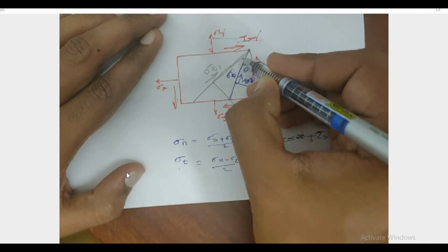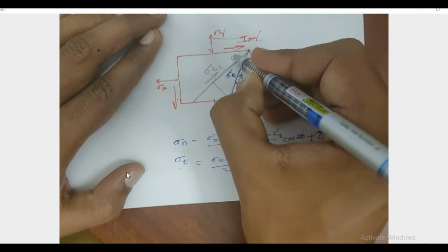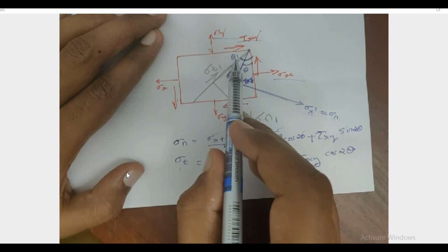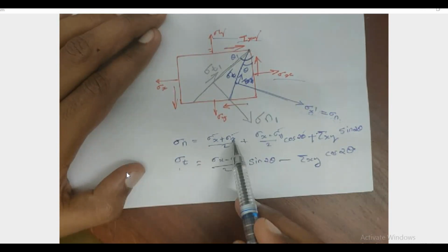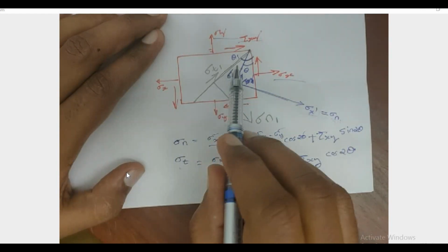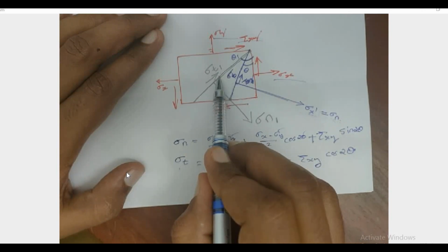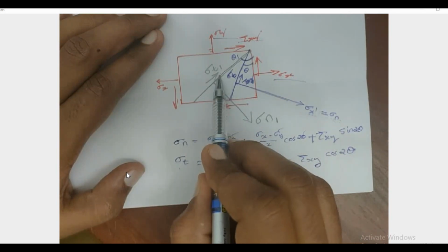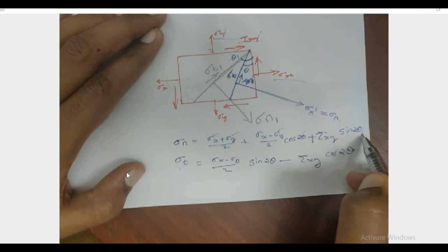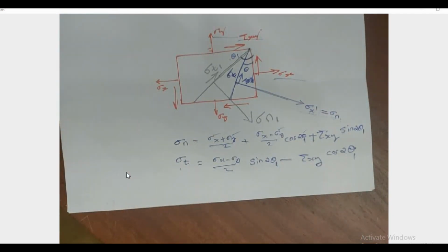Here, this is the angle, but here, this is the angle theta 1. So by changing this theta value, all other terms are the same: sigma x, sigma y, tau xy. But by changing the orientation of this plane from this position to this position, or we consider the next plane at an angle theta 1, the only change is this value. Here instead of theta, we should give theta 1 to calculate the normal stress and shear stress.